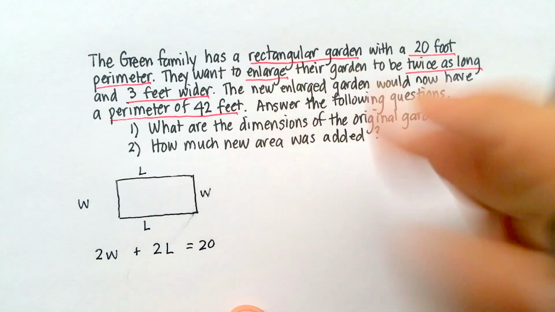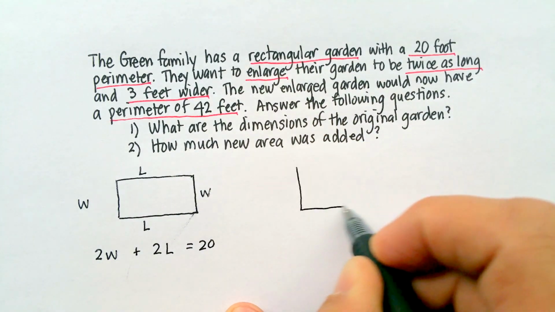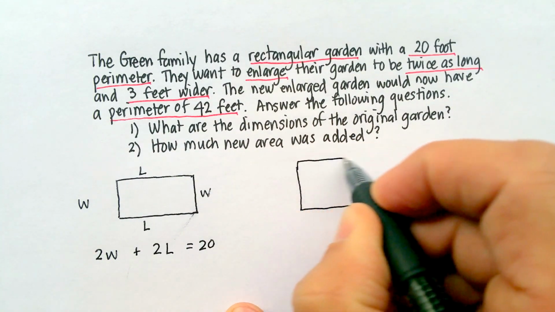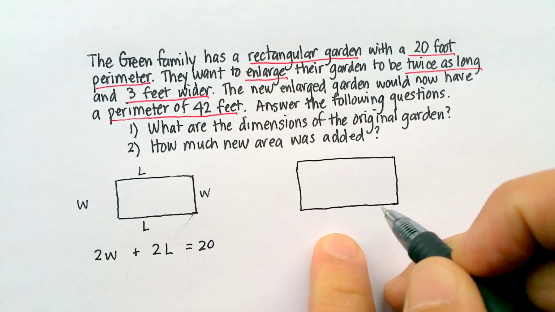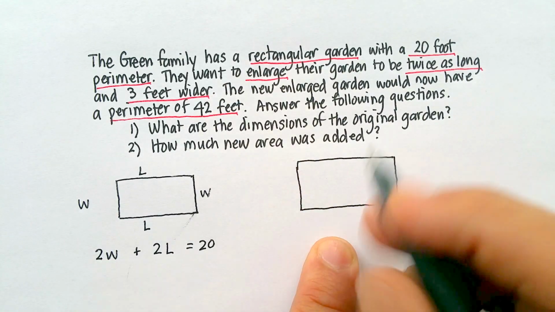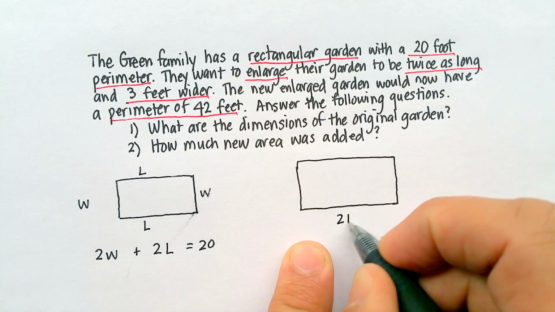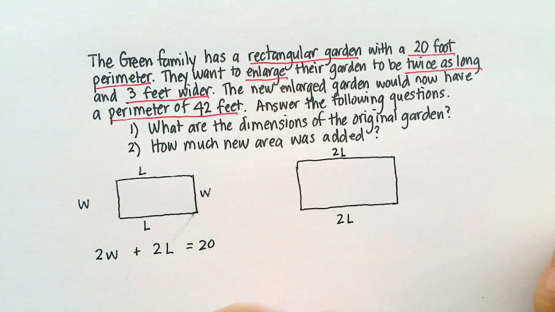They want to enlarge their garden, so I'm just going to make a slightly larger garden. Now, what do I know about this new enlarged garden? It's twice as long, so not just L, it's 2L. Right? So again, this up here has to be 2L as well.